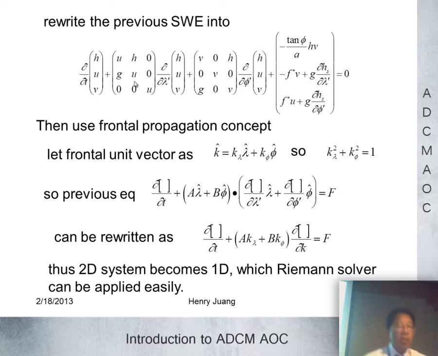We don't know what kind of frontal propagation direction it is at each point, so we put an arbitrary k, a k lambda like this form, and determine an arbitrary given Riemann invariant direction. So in that sense, you can put your equation into this direction and do some manipulation, and you get a one-dimensional type of equation.